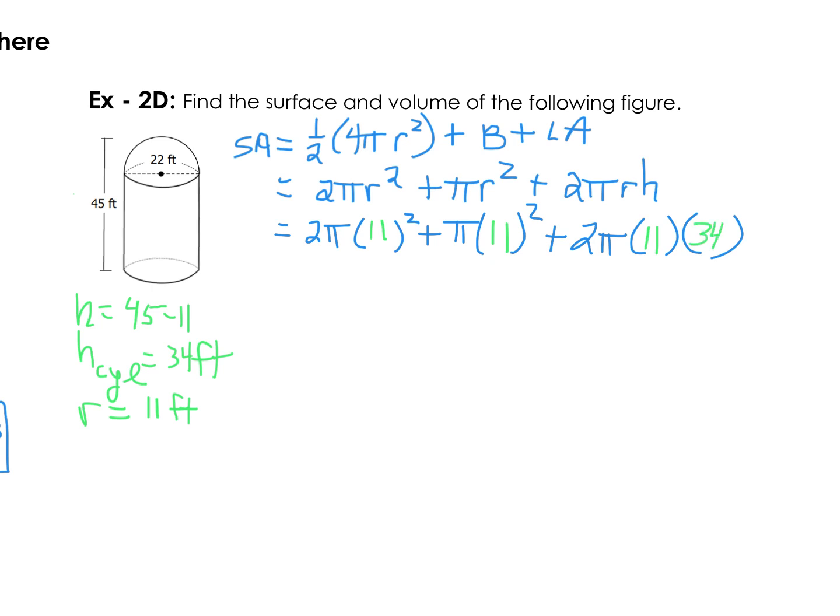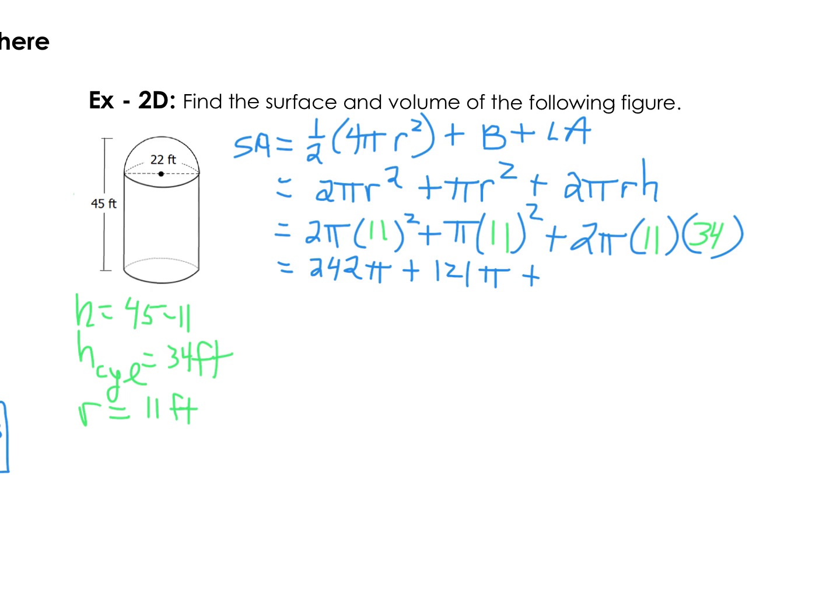Okay, so 11 squared is 121. 121 times 2 is going to be 242. So for this first part, I get 242 pi plus 11 squared is 121 pi plus 2 times 11 is 22, and we're going to take 22 times 34.